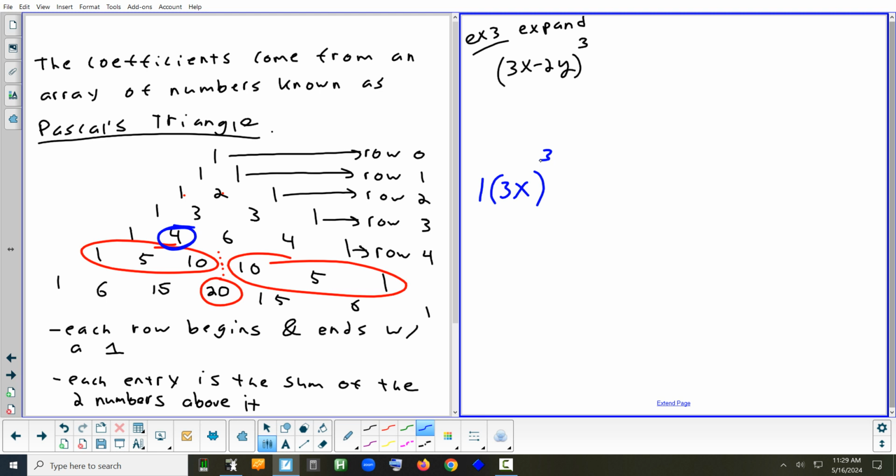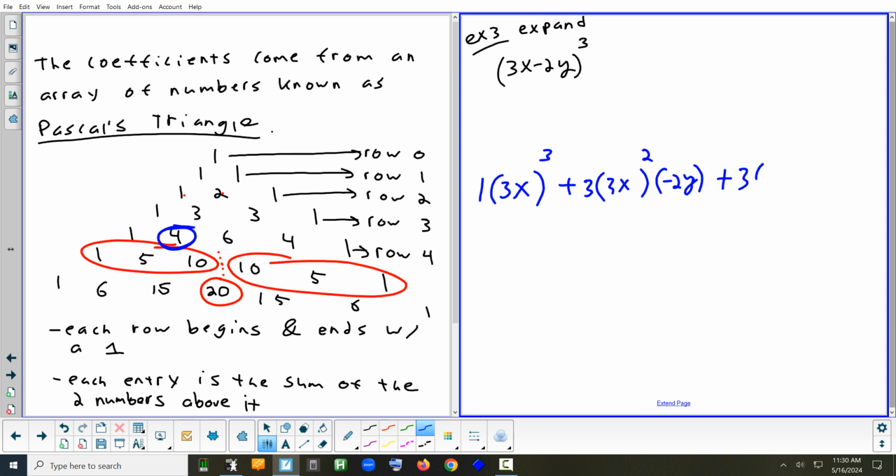We don't see the second term yet. Plus my next coefficient, 3. In parentheses, 3x to the second, and negative 2y. Okay, next term, coefficient, 3.